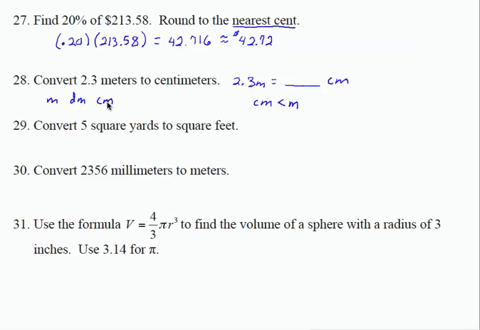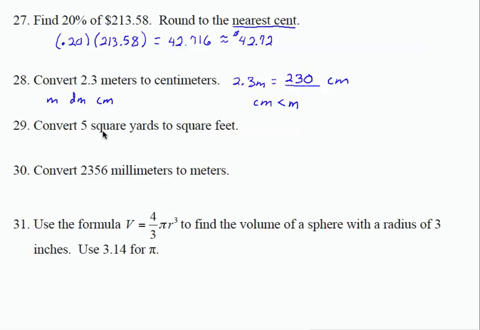So centimeters is smaller than meters by 2 places in the chart. Therefore, I'm going to multiply 2.3 times 100 to change from meters to centimeters. So that means that 2.3 meters is the same thing as 230 centimeters.